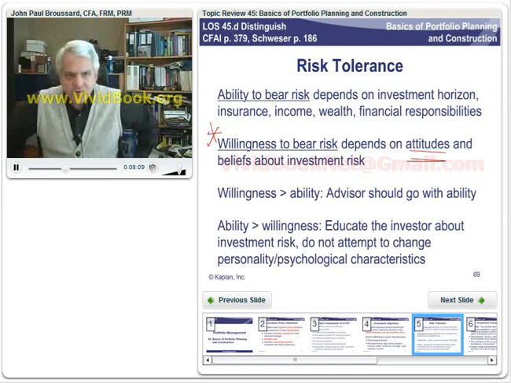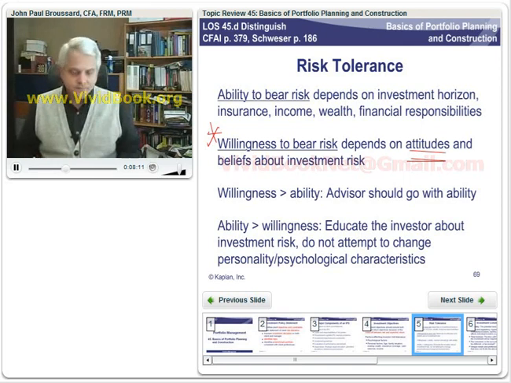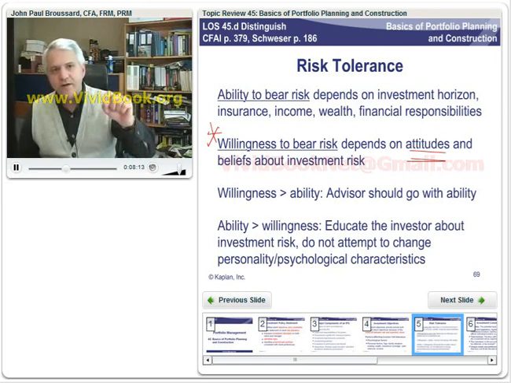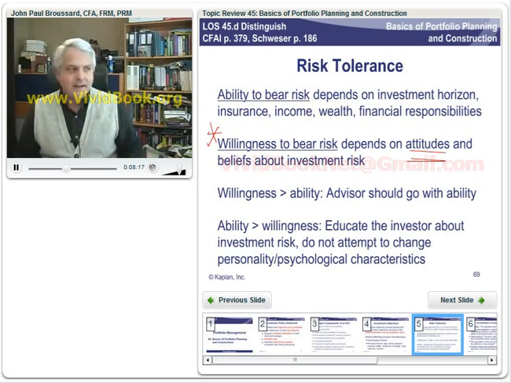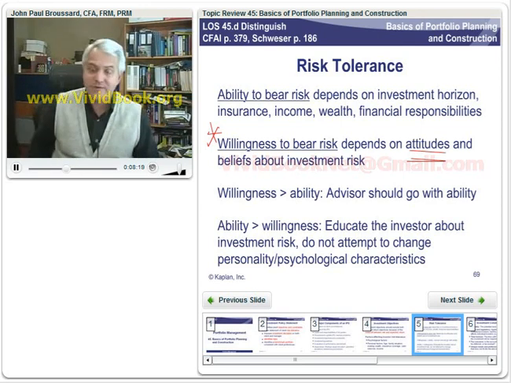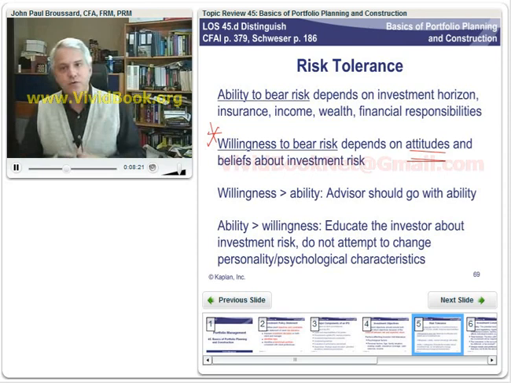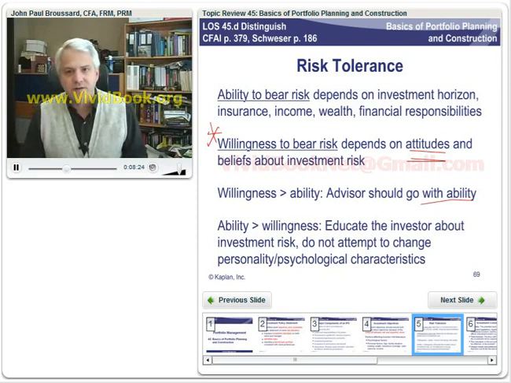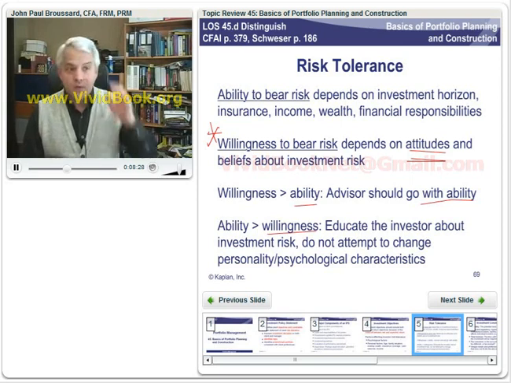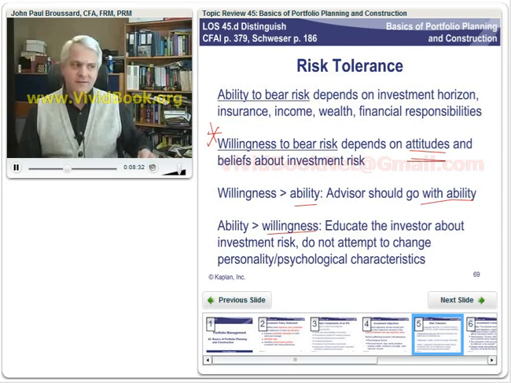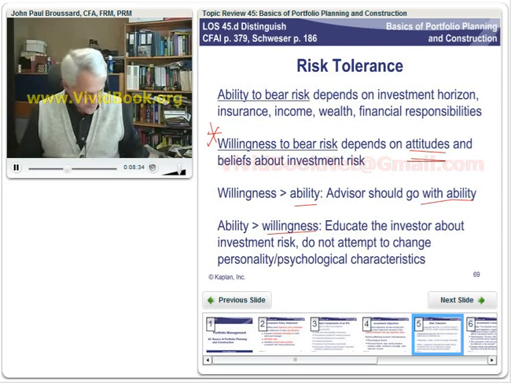If an investor's willingness to take risk is greater than their ability, meaning they might be willing to take on a lot of risk but financially they just can't do it, you should go with the ability, i.e. the constraining factor. On the other hand, if they're able to take on risk but they're not willing to take it, you should still go with the willingness.